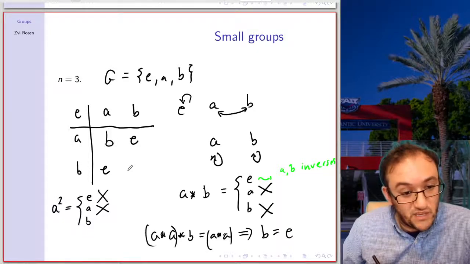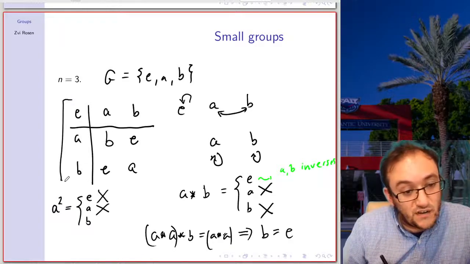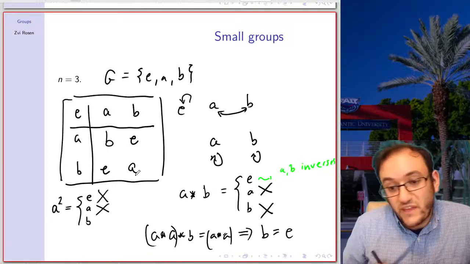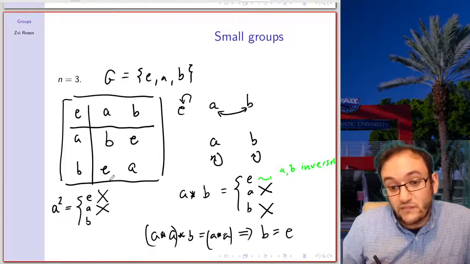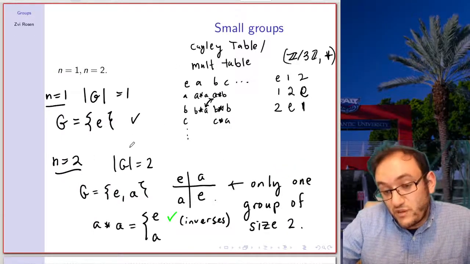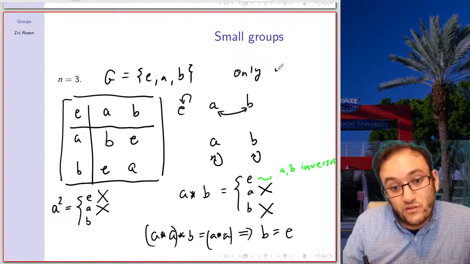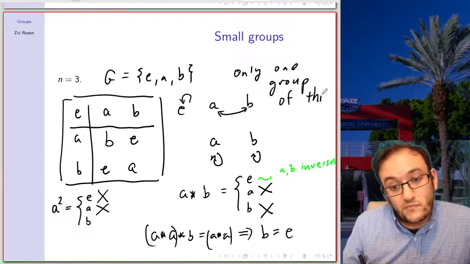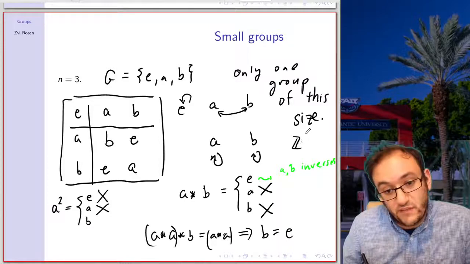So this must be B. And by the same token, this must be A. So all of our decisions here were forced just by the group axioms. This gives us the unique group of size 3. If you look back on the previous slide, you'll see that this looks pretty much identical to Z mod 3Z. So there is only one group of this size, and it's isomorphic to Z mod 3Z.